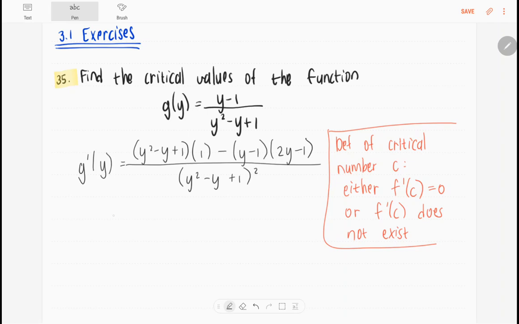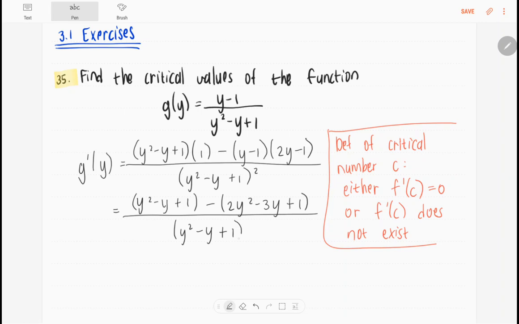Then I'm going to multiply out my brackets. I have y squared minus y plus 1, then minus (2y squared minus 3y plus 1), all over (y squared minus y plus 1) squared.